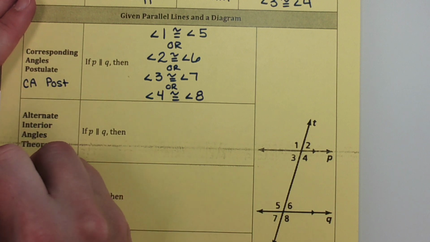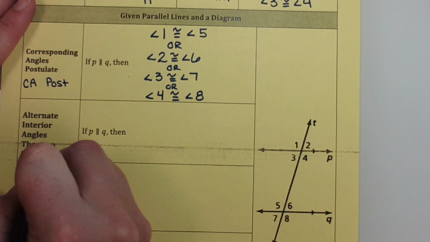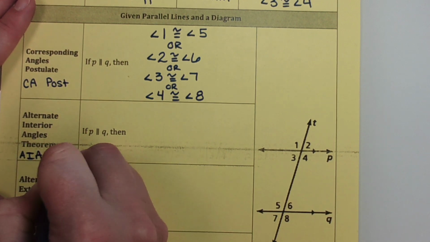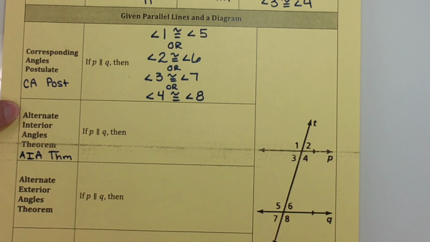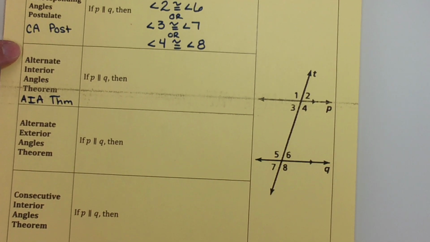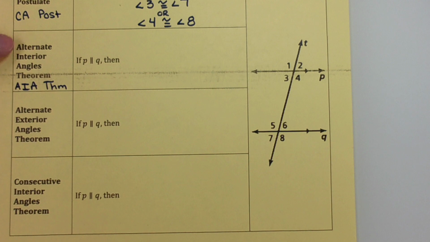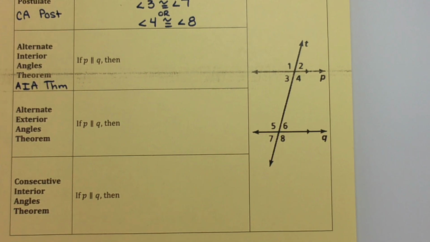Alternate interior angles theorem. AIA theorem. What does alternate tell me about the angles? Do you remember? Not that it's altered, that they're on alternate sides of the transversal. They're on opposite sides of the transversal.